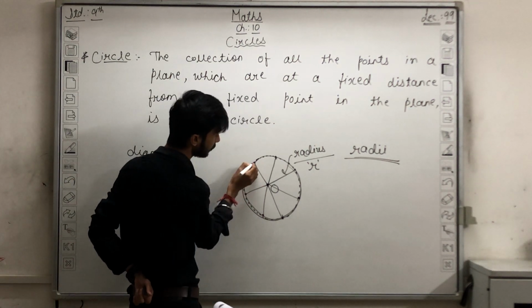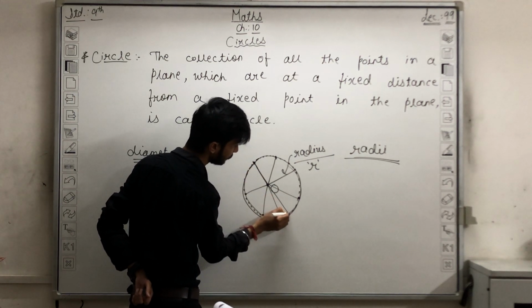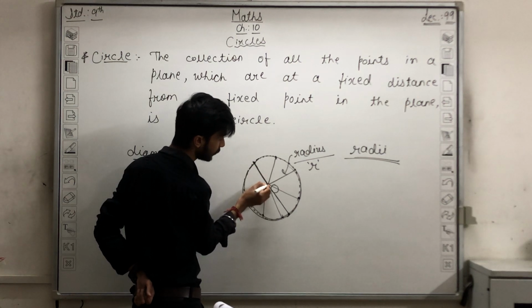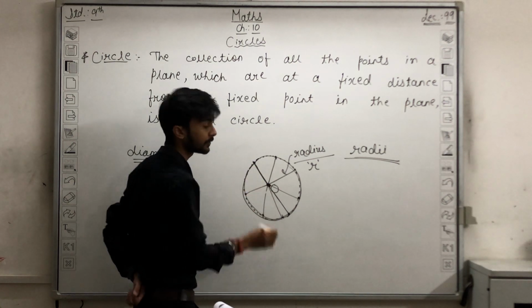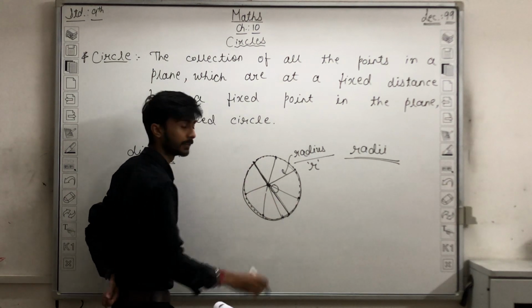Suppose these 2 points, 1 and 2, if we join them, you can see it passes through the center of the circle, so we call it a diameter.